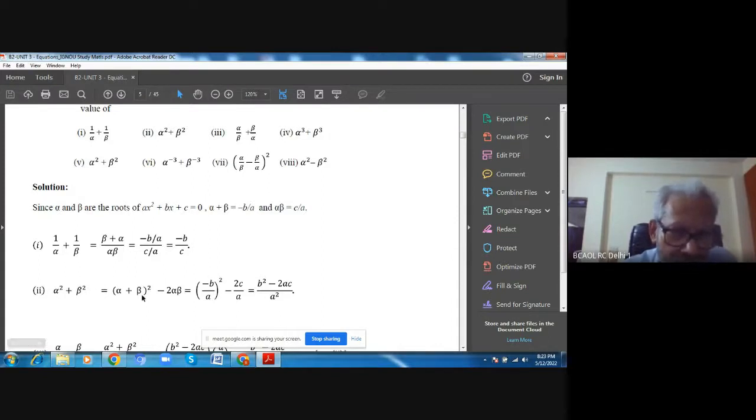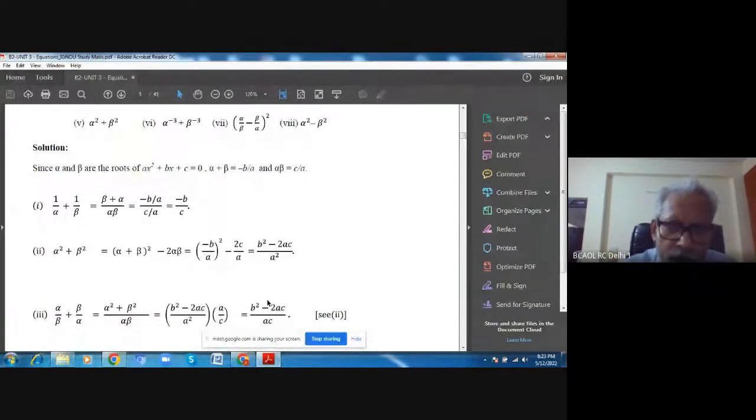Then alpha plus beta, we know, is minus b by a. Then square, no problem. Then alpha beta also we know, c by a. The 2 is there, so 2c by a. Then you calculate it. So this much is coming: b square minus 2ac divided by a square. So this is the answer.